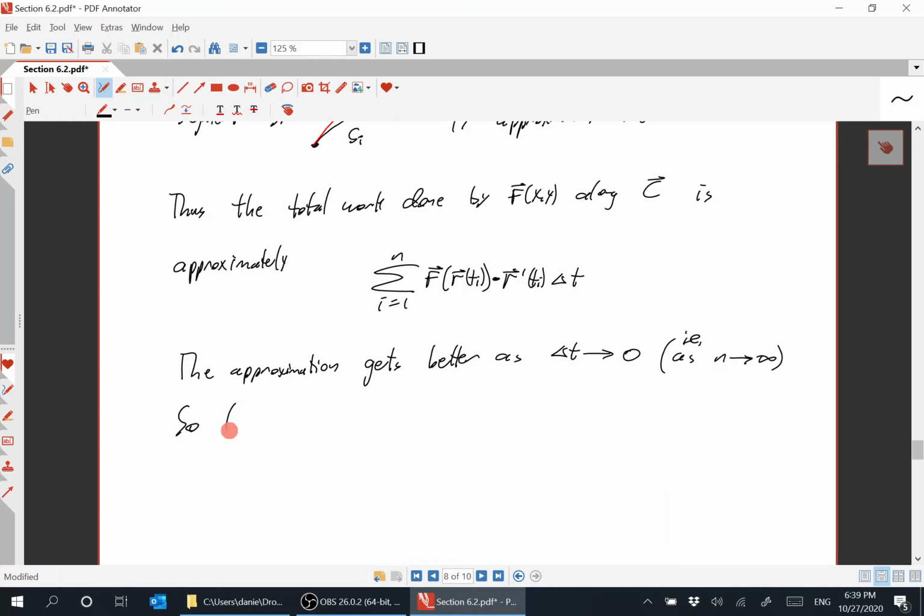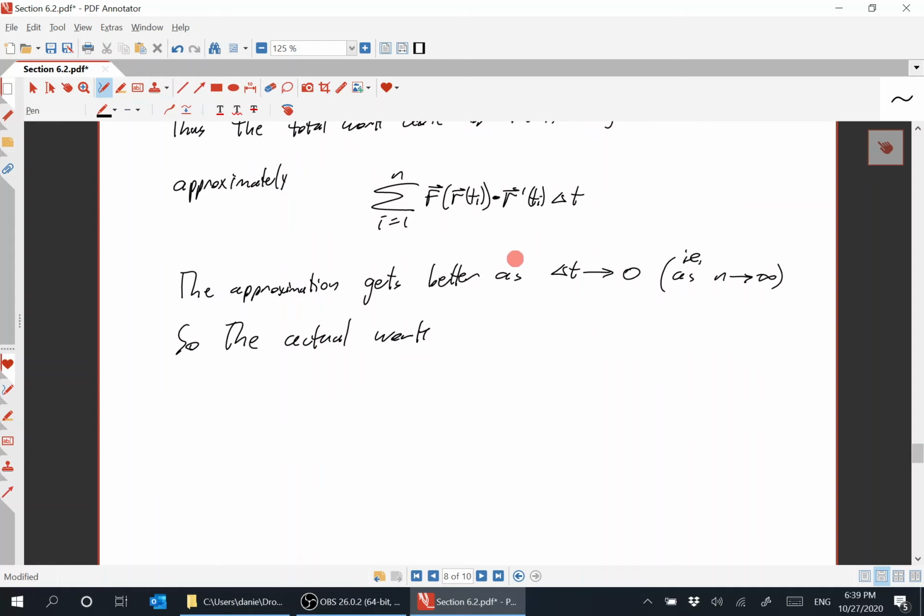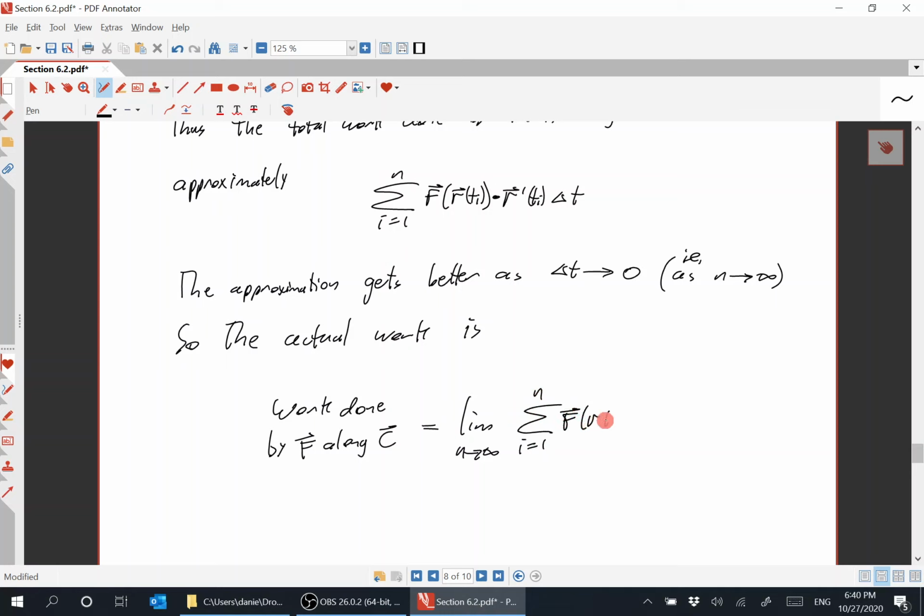So the actual work done by F along C is equal to the limit as n goes to infinity of the sum i equals 1 to n of F of r of t_i dot r prime of t_i delta t.